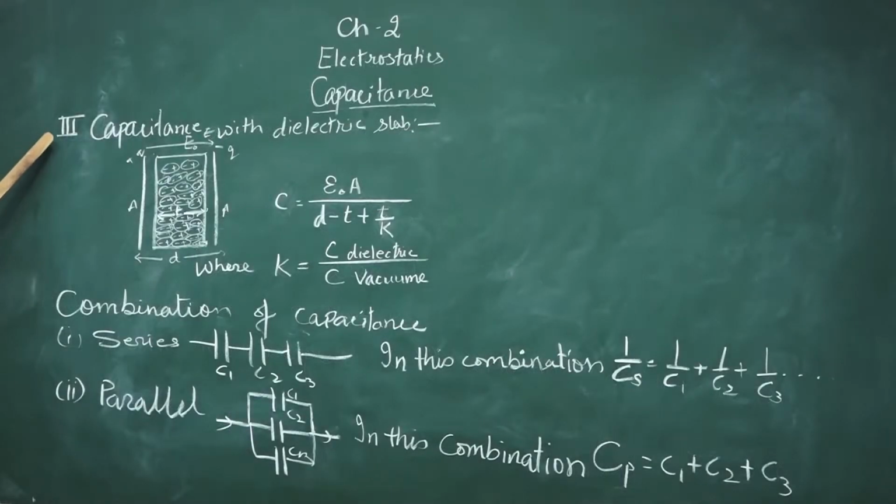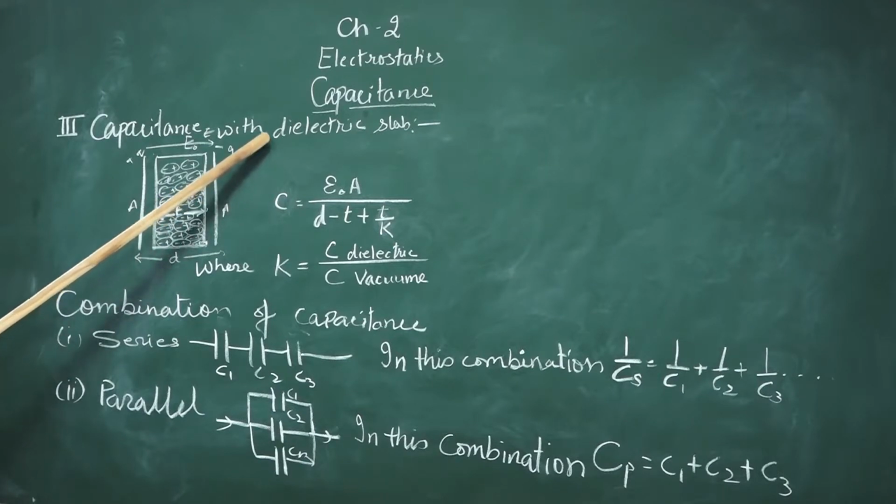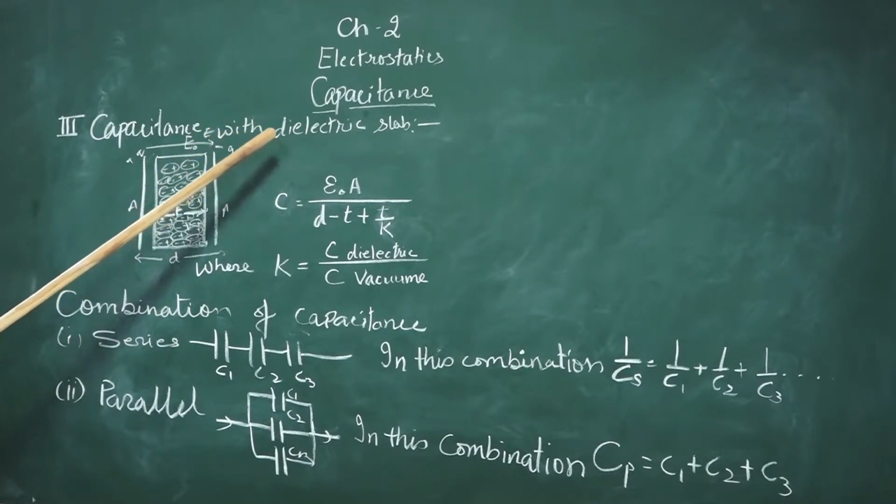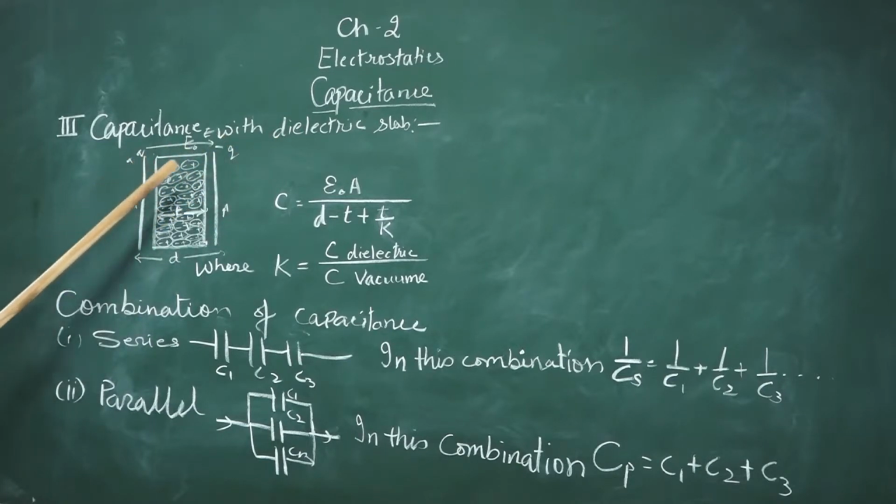In the third way, the capacitance with dielectric. First we have done with air, then with the conducting slab, and this is the third one where we have the dielectric in between the plates of the capacitor. Dielectrics are those insulators which behave as a dipole when they are applied with an electric field.